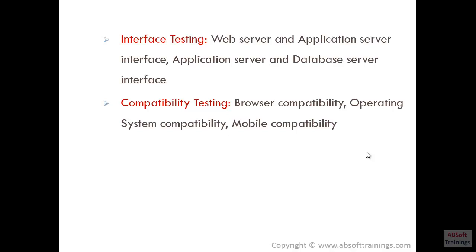For compatibility testing, you are going to take 100 or 200 test cases, the core set, and then repeat them on different environments, on different browsers like Firefox, IE, Chrome, on different operating systems like Windows 10, then Mac, Solaris, Linux. Even now we need to consider mobile compatibility as well. So Windows Mobile, Android Mobile, iPhone, all these areas come into compatibility testing.